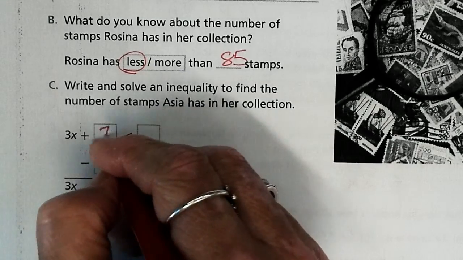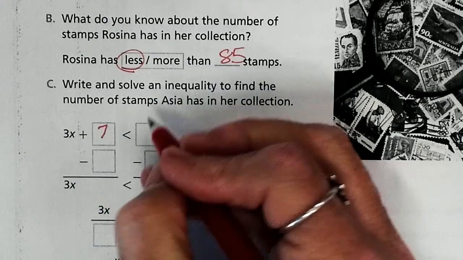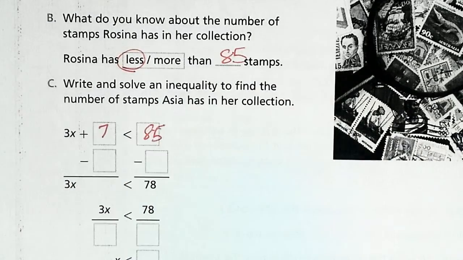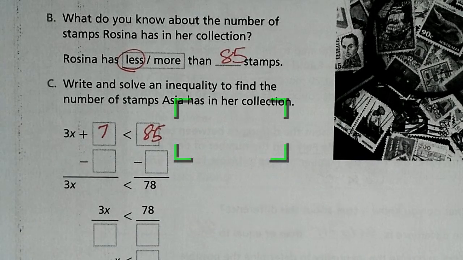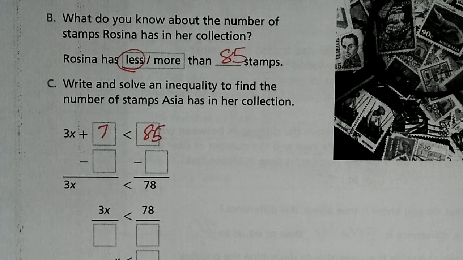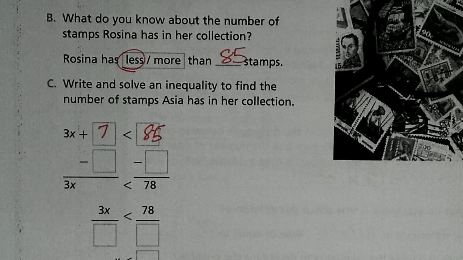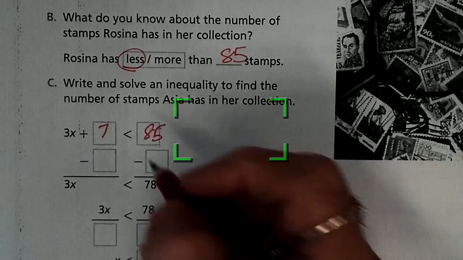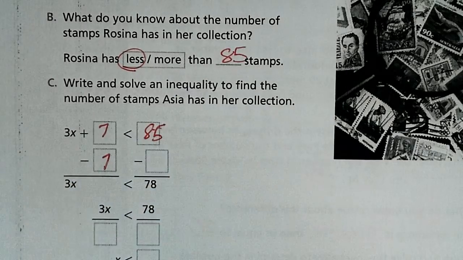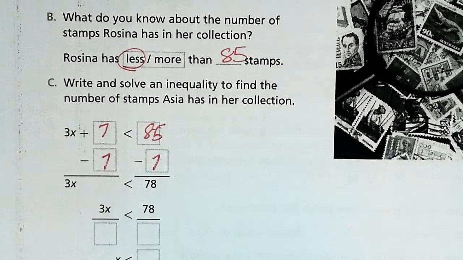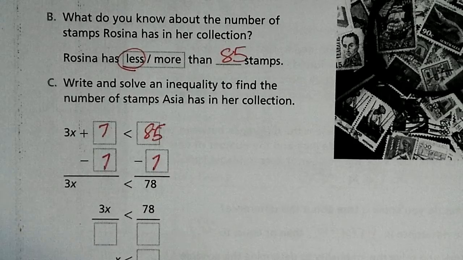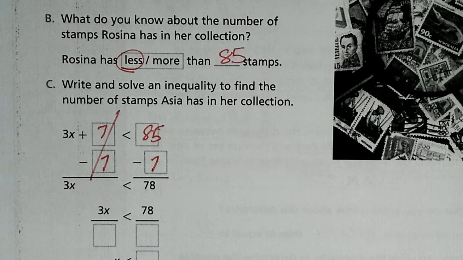So we already know that it's 3x plus 7, and we know this is 85 because Jaden told us that. So how do I get it by itself? You subtract 7. Yep, so minus 7 from both sides, right? So then this goes away.